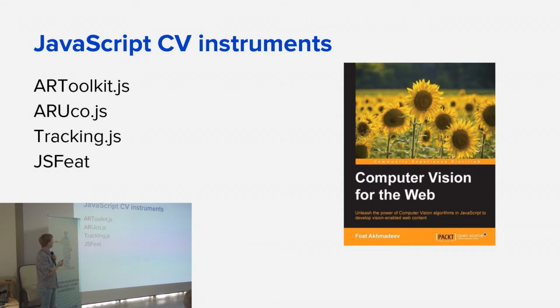And the last one, JSFeat, is a library that is a little bit more complicated, but it has some advanced features like ORB features tracking, optical flow calculation, even some Haar cascade detectors.